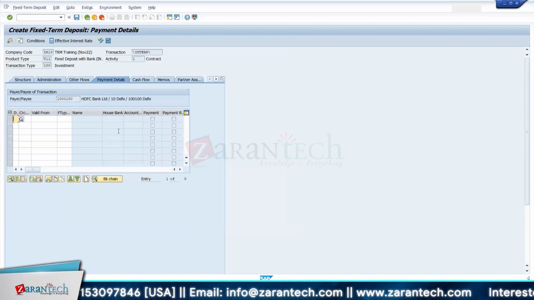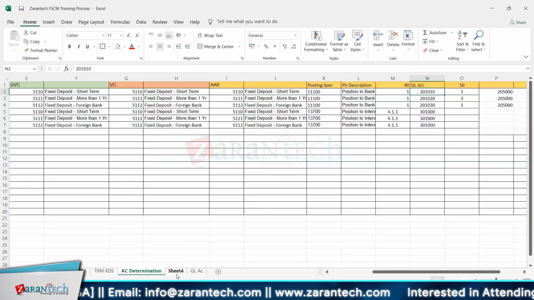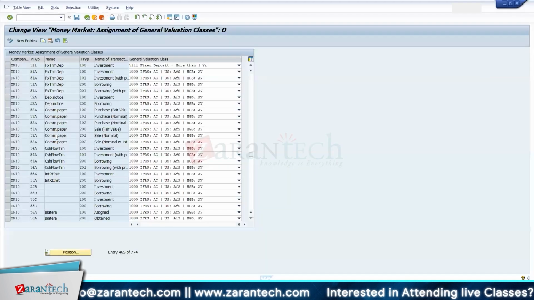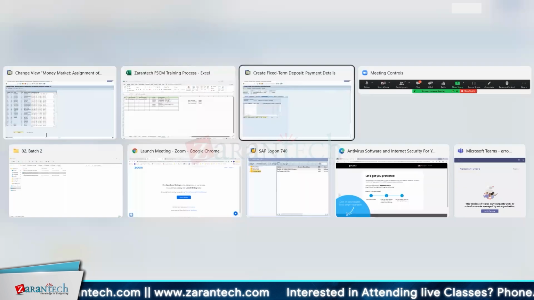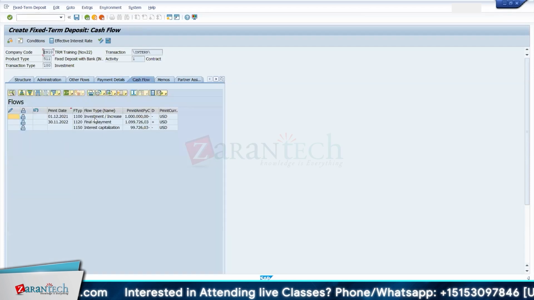Payment details: if I have configured a house bank, then I can maintain the payment details here. But currently I have not updated any house bank here, so let it be blank. And then this is my cash flow.